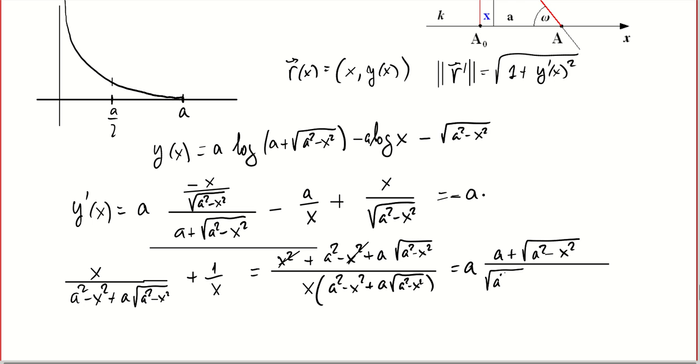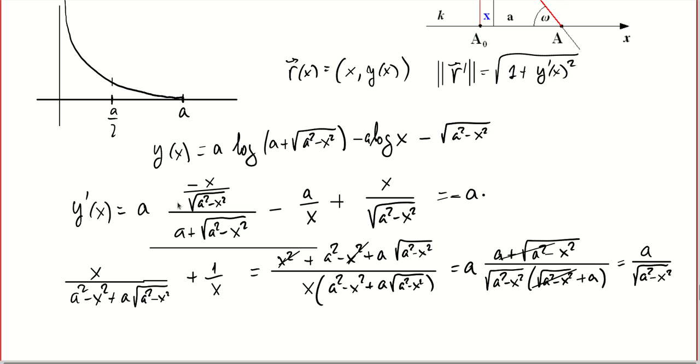So we have a squared minus x squared, multiplied by the square root of a squared minus x squared plus a. Factoring out this square root, this is like the square of this square root. As you can see, this and these are the same, so that cancels. So at the end, we have this simple expression here.